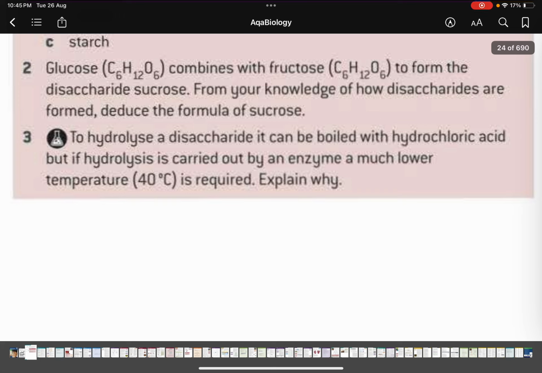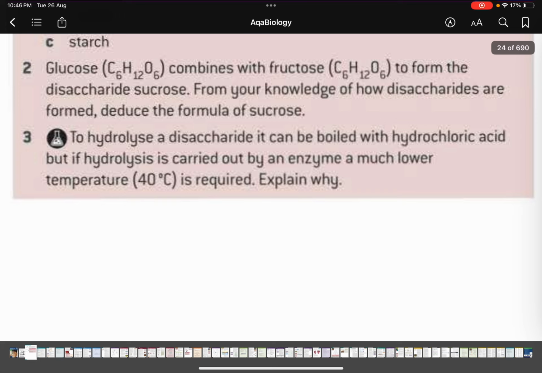That is also a hydrolysis reaction, the breaking down of the disaccharide into monosaccharides.